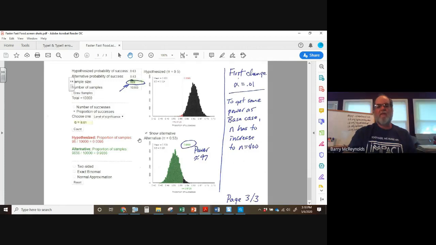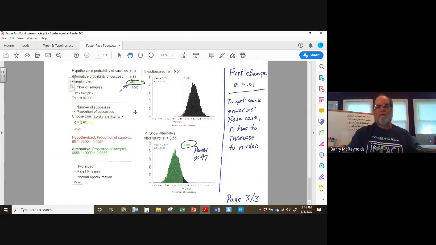Okay, so if you insist on a high significance level and a high power, then your only choice is to increase the sample size. And that's up to you, as to whether you have the time and the resources to collect those extra samples.